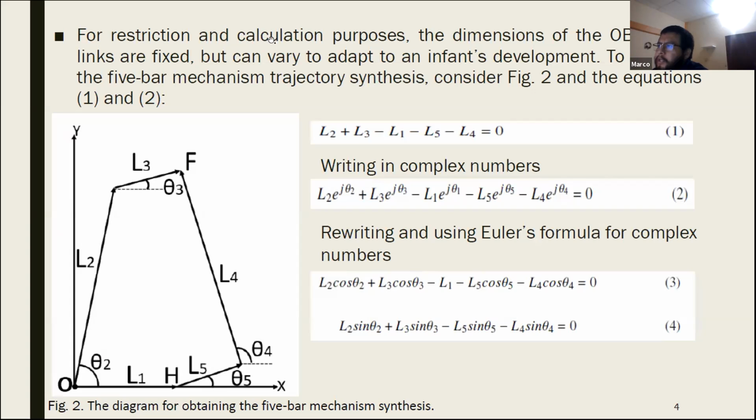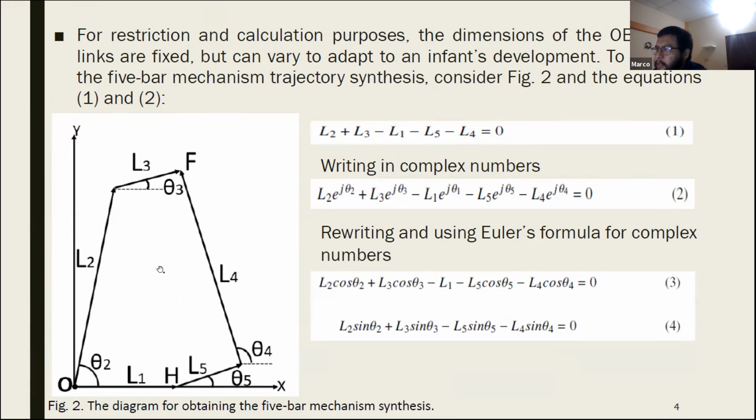For restriction and calculation purposes, the dimensions of the OB and BA links are fixed, but can be adapted to the infant's development. The 5-bar mechanism trajectory synthesis considered figure 2 and equations 1 and 2.